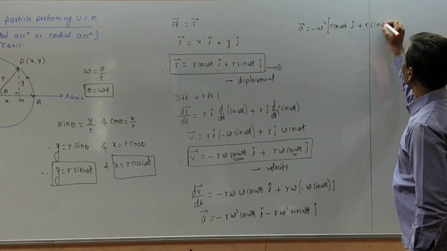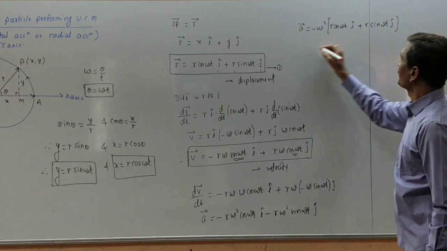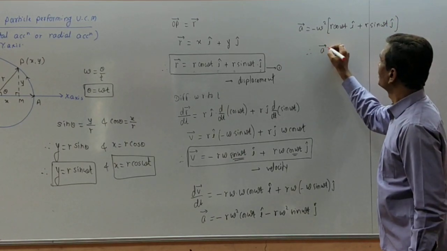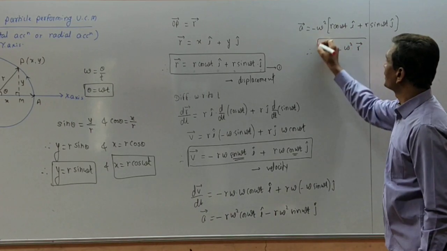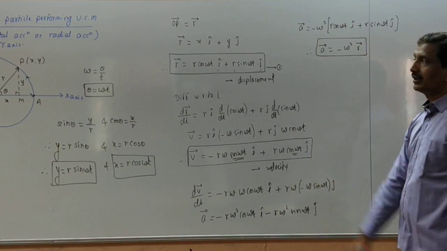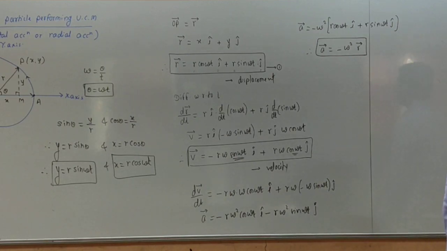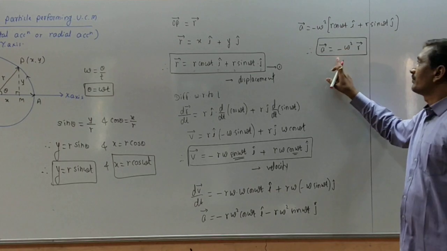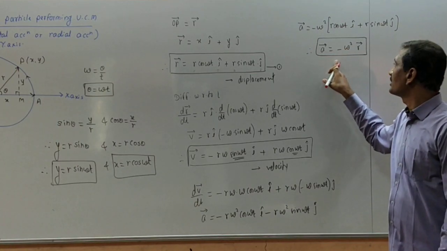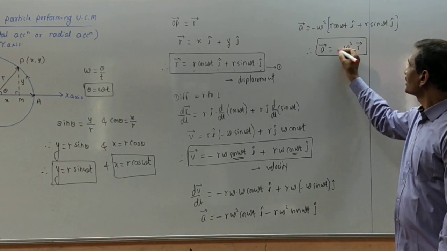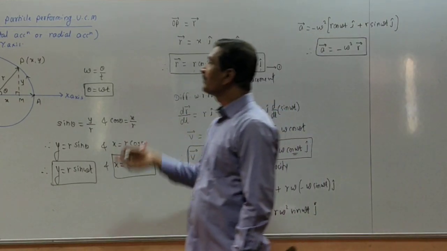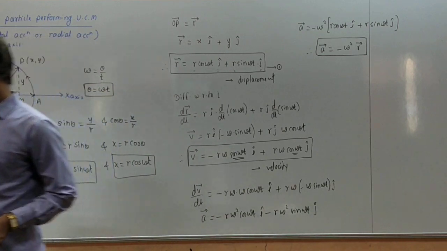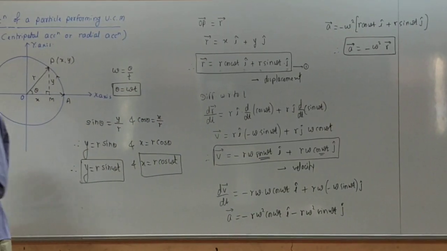So finally we get a bar is equal to minus omega square into r bar. This is the expression for the acceleration of a particle performing UCM. So in the next period, we consider the analysis of this formula, what the minus sign indicates, and different forms of this angular acceleration in UCM.